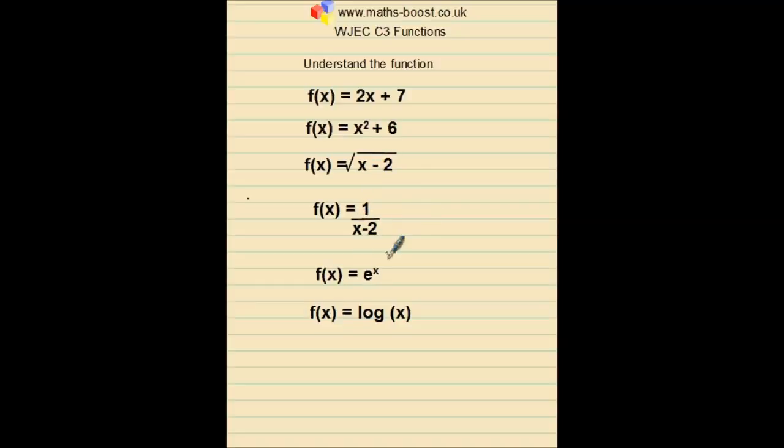Again here, as far as the domain is concerned, reciprocal graphs, we can never have a fraction with 0 underneath it. So everything is fine here except the value of when x is equal to 2, so that definitely can't be included in the domain.